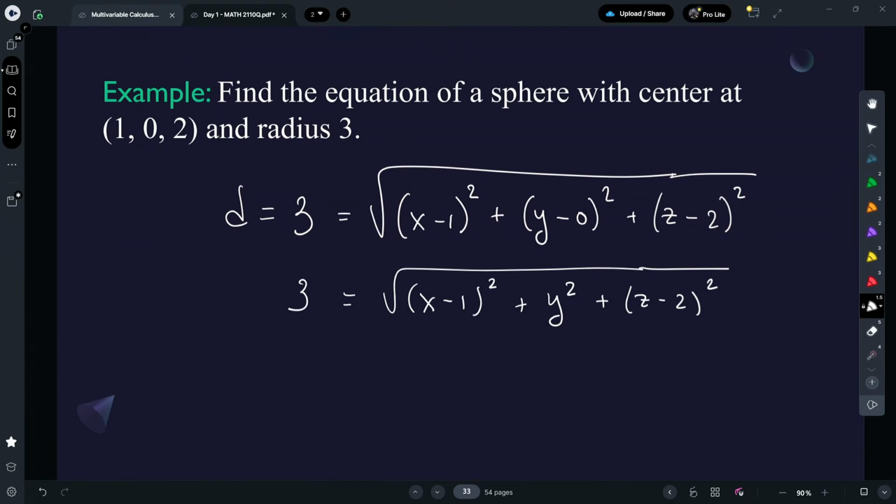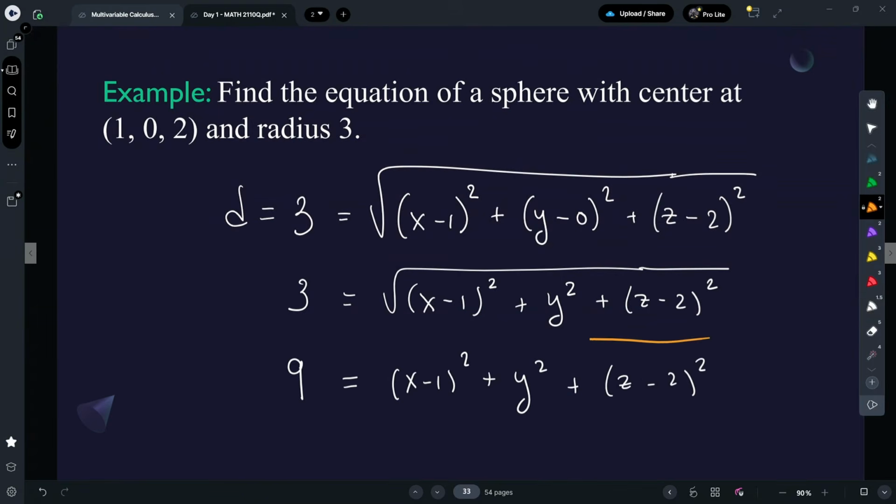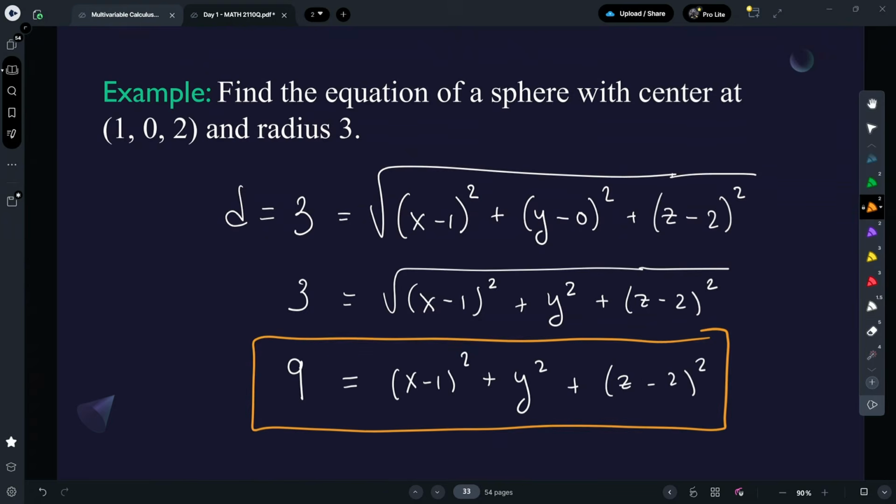So this has to be equal to 3. So that's the equation of a sphere. Usually we don't like to work with that square root, so square both sides. And what you get is that the equation of the sphere is usually written like this, as the sum of 3 squares equals the square of the radius. Okay, so that is the equation of a sphere centered at 1, 0, 2, and the radius is 3.